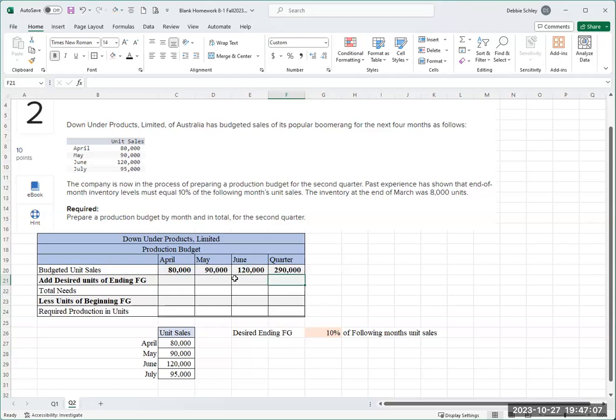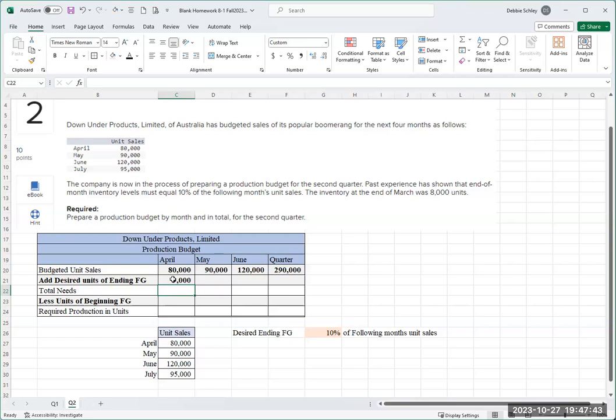Okay. So now, the desired units of ending finished goods, they told me, must equal 10% of the following month's unit sales. So for April, I'm going to take the following month, which is May, and multiply that by the 10%. You see how I got that? 10% of the following month.